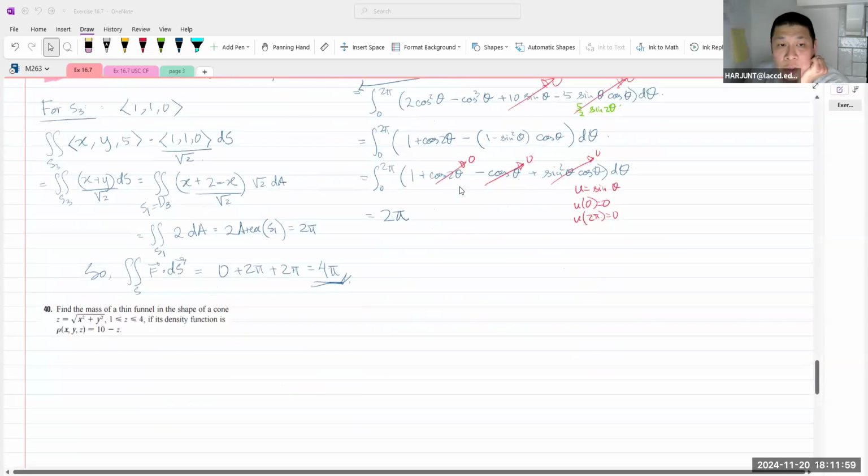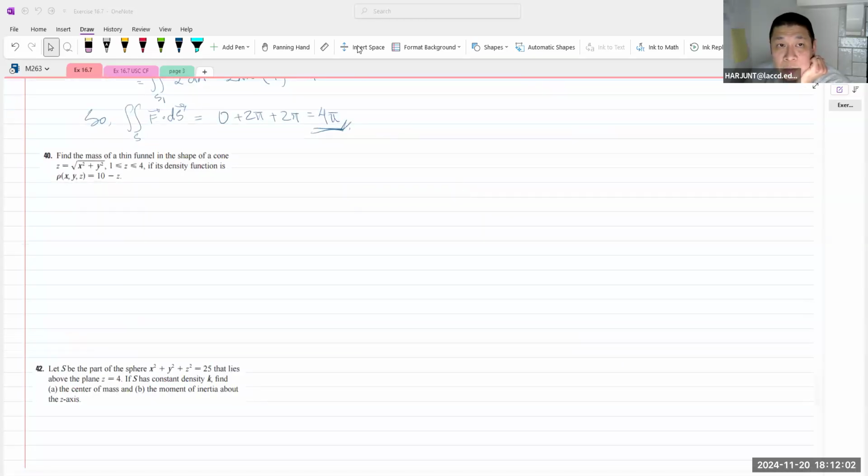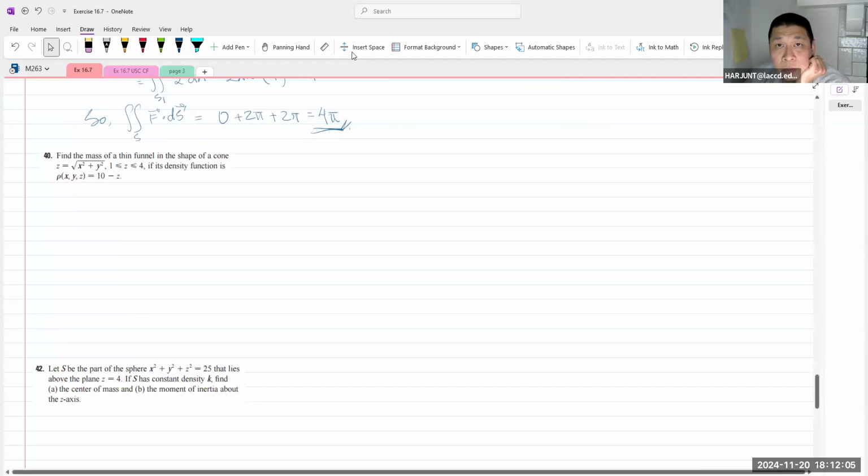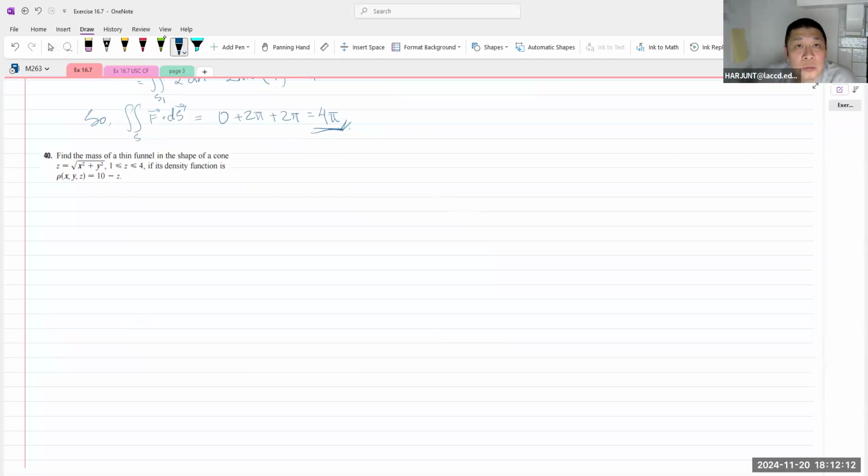Let's continue. Number 40. Find the mass of a thin funnel in the shape of a cone. So the cone is z equals square root of x squared plus y squared, and z is between 1 and 4. So it is actually a cone, right? z equals r, but from z equals 1 to z equals 4.